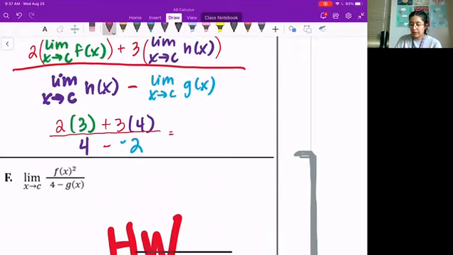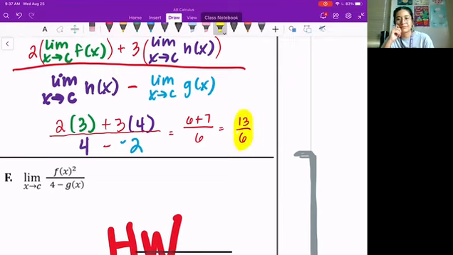All right, so I got 6 plus 7 on top and 6 on bottom. So what's that going to be? 13 over 6. Fractions are okay.